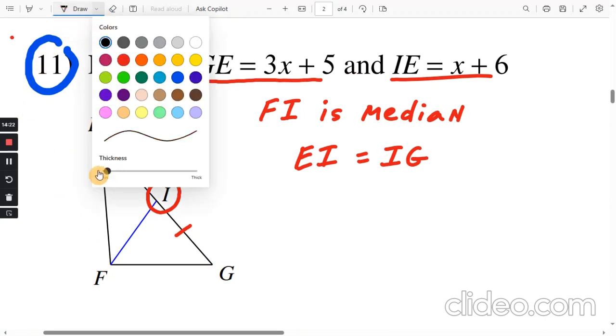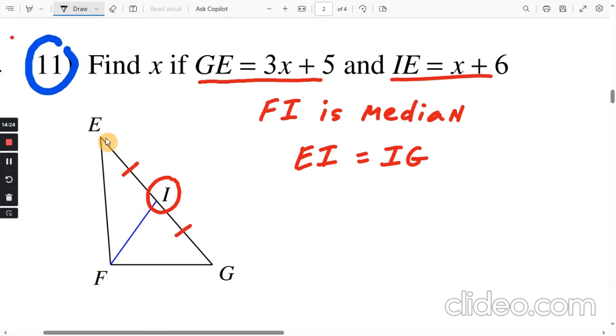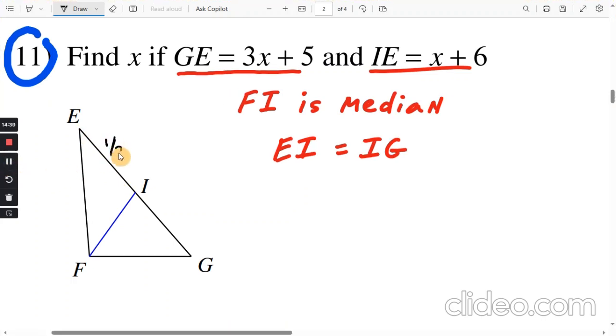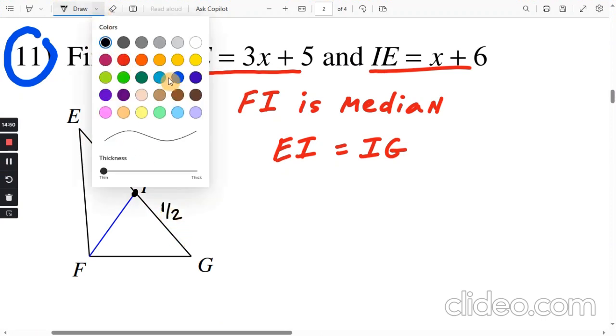All right, so if you want to fill in on the diagram here, let me erase some of this mess here. This right here from E to I is going to be half of the entire side length of the triangle. And from I to G is also going to be half. All right. So now we can write a formula.